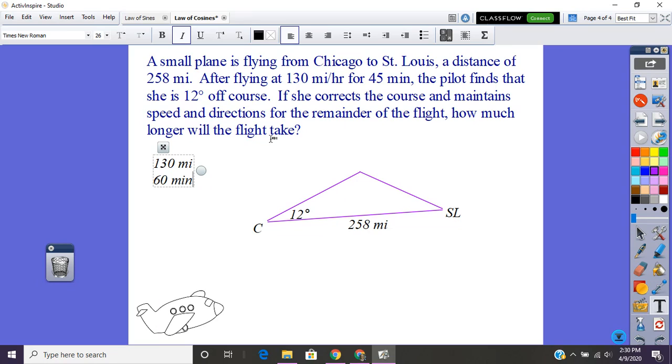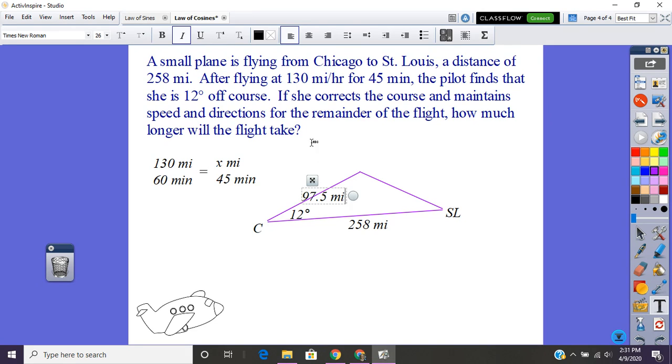And that's going to equal how many miles in 45 minutes? So we need to solve that proportion, and then that distance is going to go here. So I got a distance of 97.5 miles.